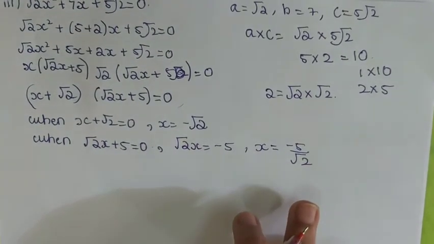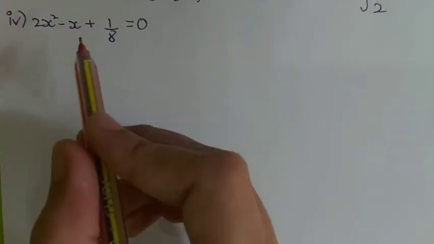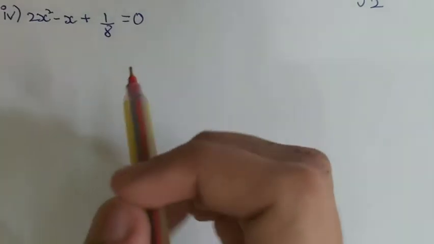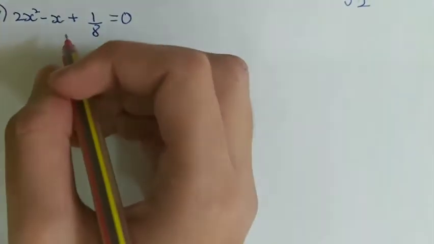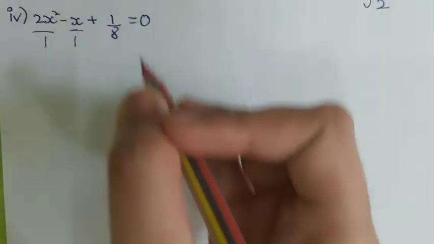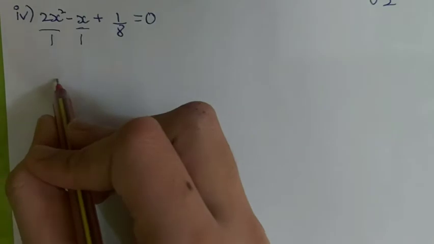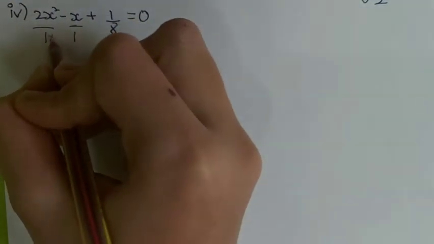We have the fourth part, that is 2x square minus x plus 1 by 8 is equal to 0. Here you can see 1 by 8 is in fraction form. So when we take the LCM, we get 8.